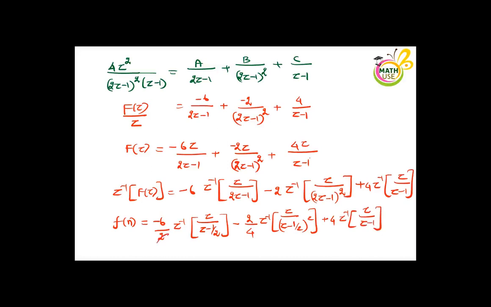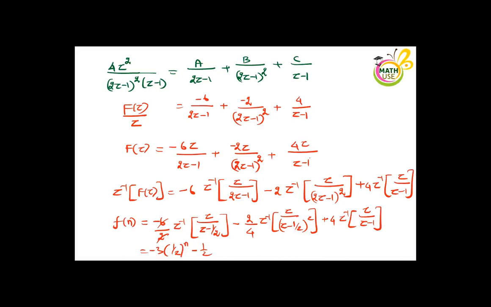So here the 2 and 3 get cancelled, 6 gets cancelled, you get minus 3 z inverse of z by (z − a), where a is 1 by 2, the whole power n, then minus 1 by 2 z inverse of z by (z − a) the whole square.